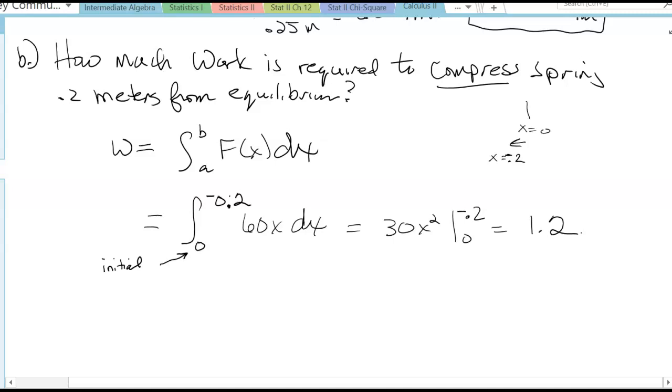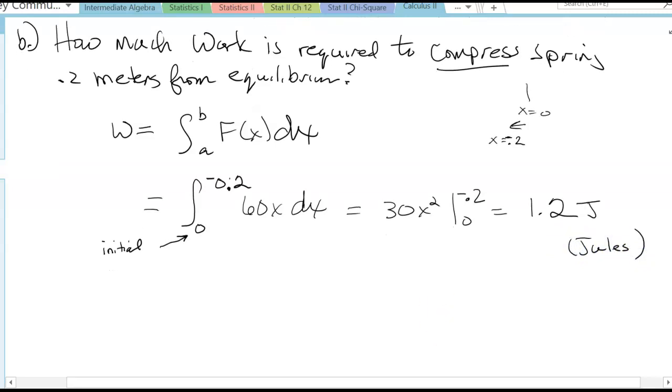What is a unit when you take a distance traveled times a newton? We have something called a joule. So we call them joules, our unit for work. Joules as in Joules.